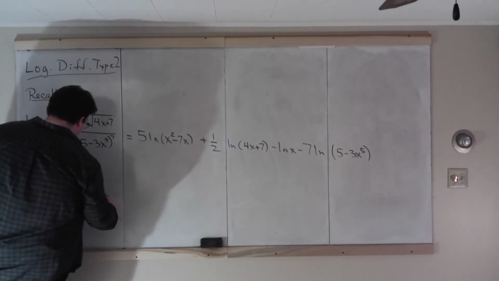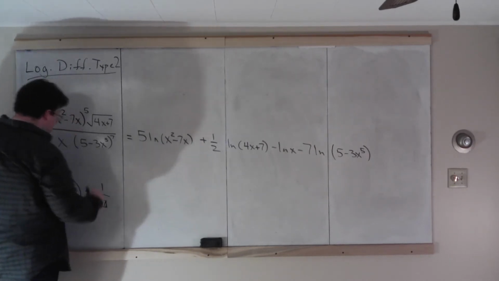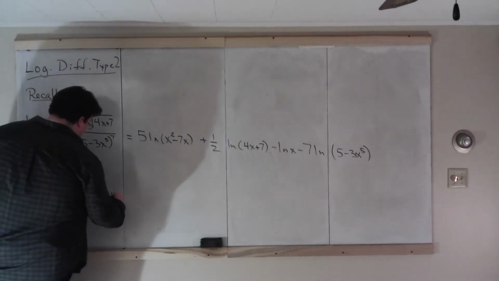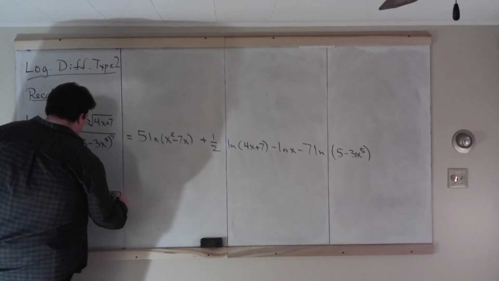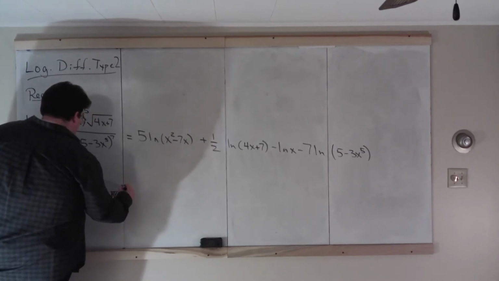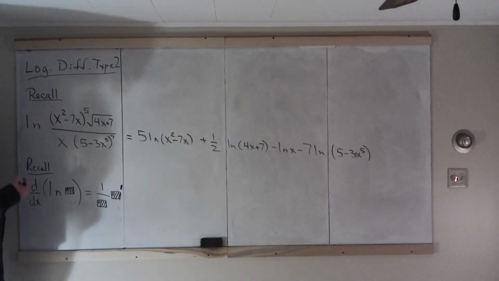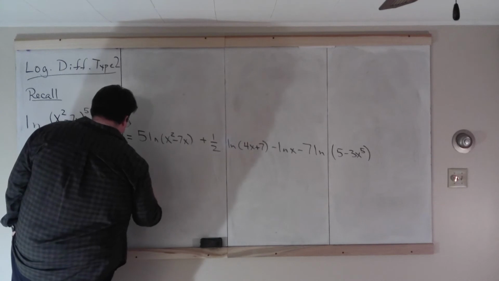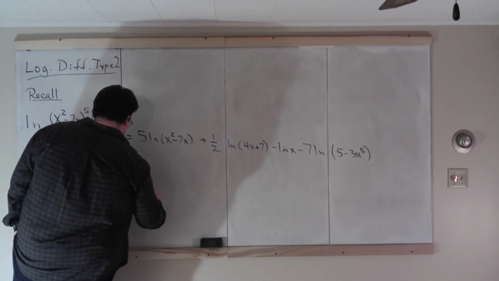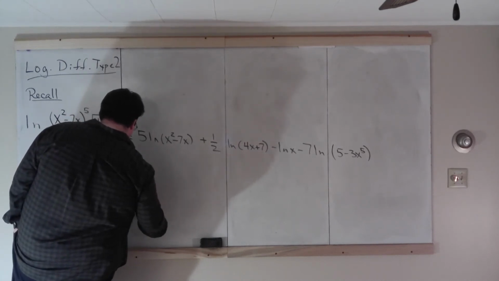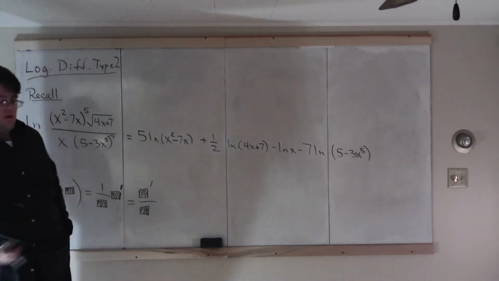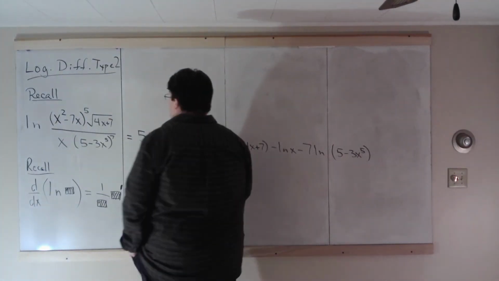Box can be anything with x's, or even without x's. 1 over box times box prime, using the chain rule. So the derivative of log of something is 1 over that thing times its derivative, and this can be rewritten as a single fraction, box prime over box. So we have these two observations, and we're going to use them.